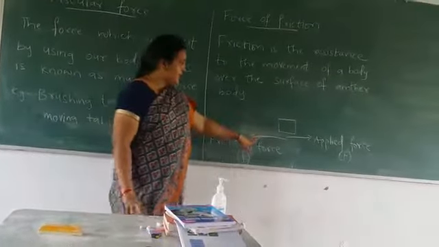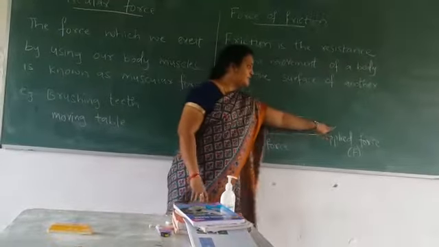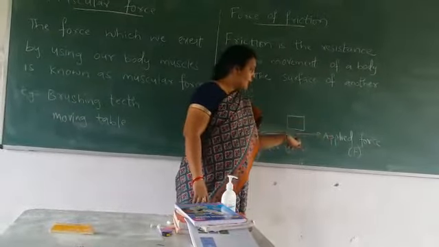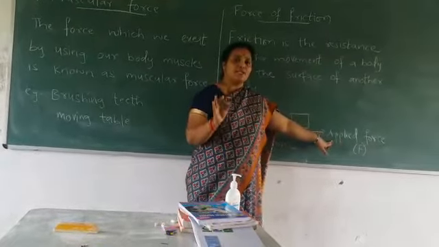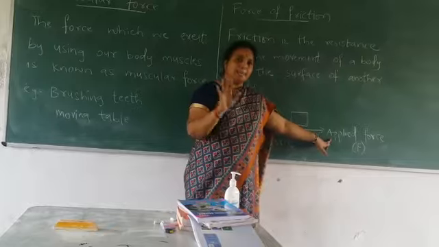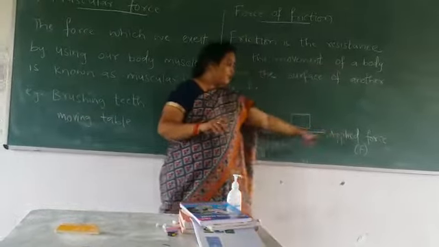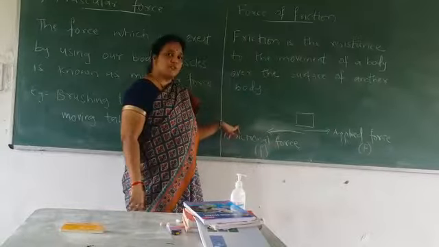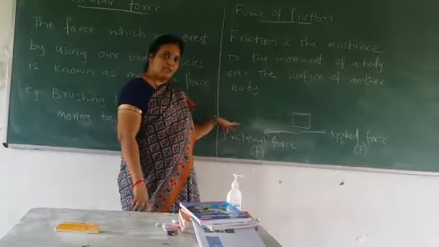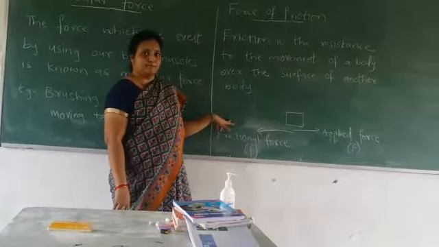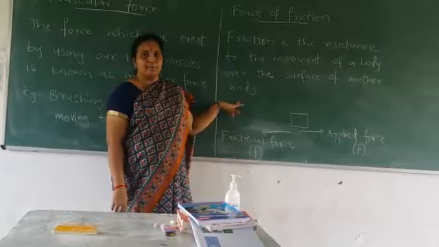For example, if you take this as a duster, the duster has moved in this direction, so the applied force is in this direction. An object always moves in the direction of the applied force. Frictional force will be in the opposite direction. So, we will continue taking a few more examples about frictional force.